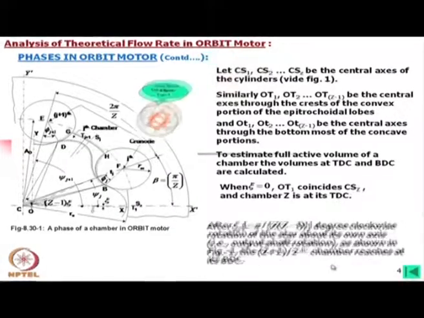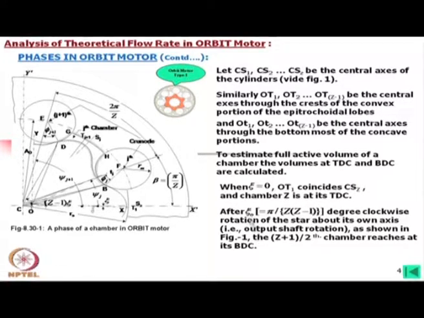Now, after an angle eta 0, which is calculated as pi by Z into Z minus 1, we arrive at another chamber, given by Z minus Z plus 1 by 2, which reaches its bottom dead center.